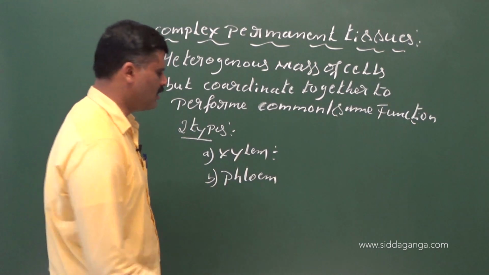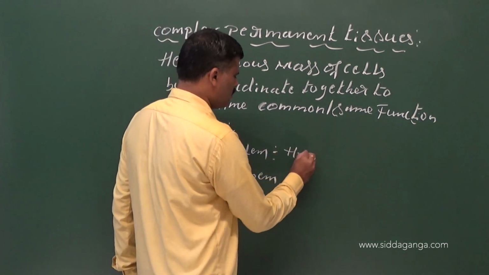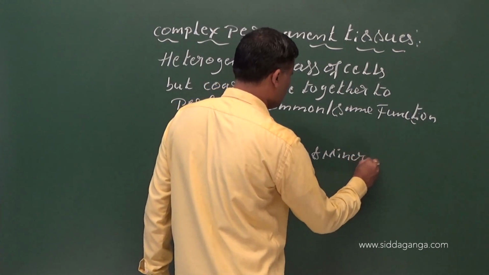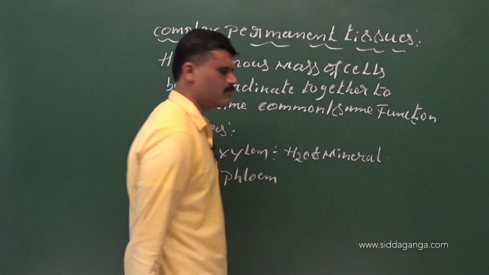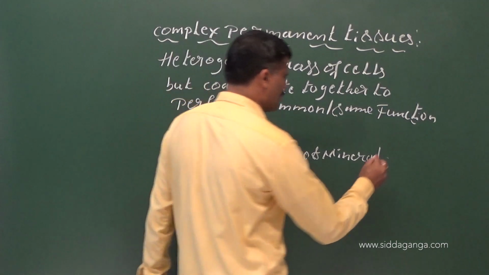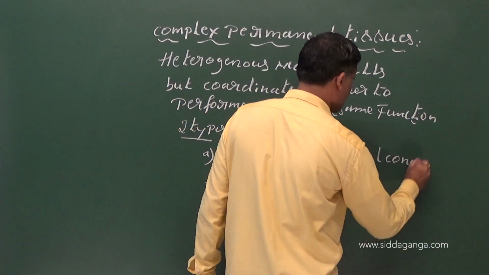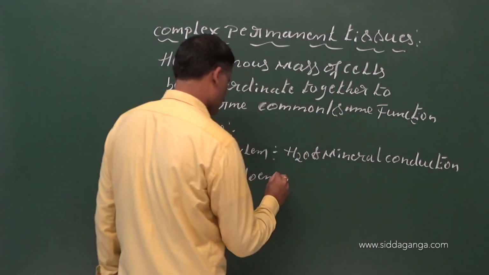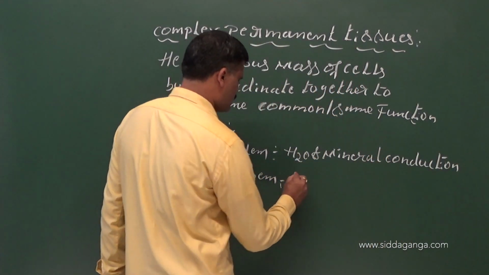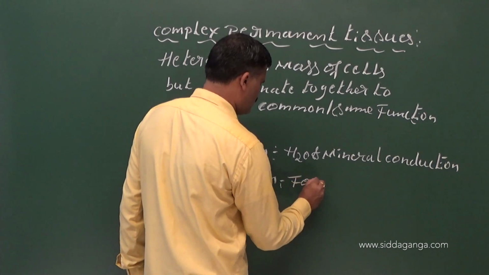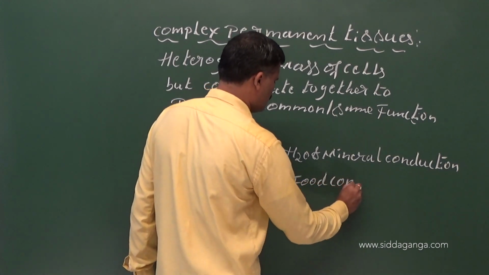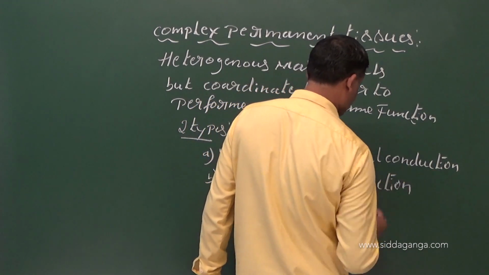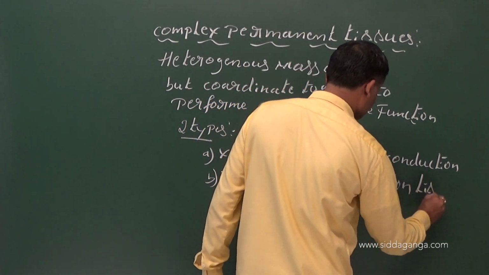Xylem is called the water and mineral conduction tissue, whereas phloem is called the food conducting tissue.